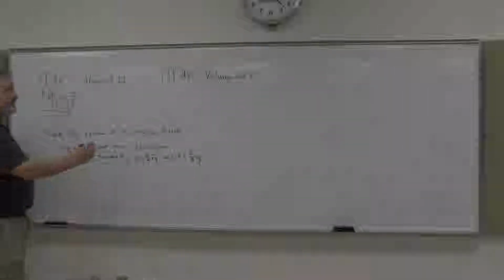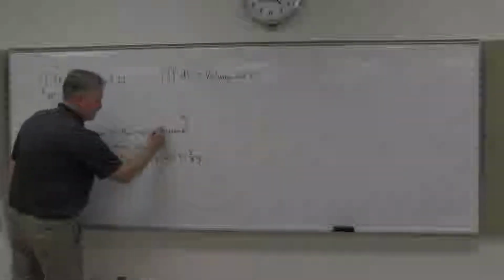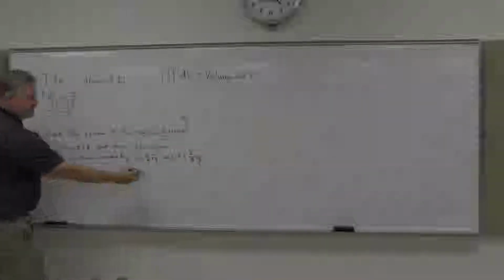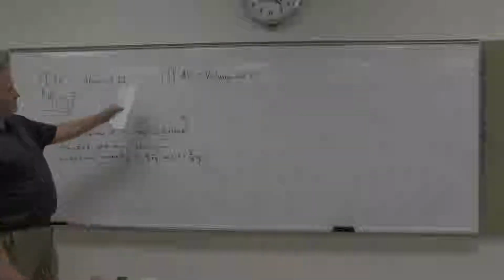So this is my E right here, being described by from here to here. All right, you with me? And so I just want to find the volume of that region E. And so that's why we talked about that. So we're just going to do the triple integral of 1 dV. I just have to figure out how to describe E in terms of x's and y's and z's.